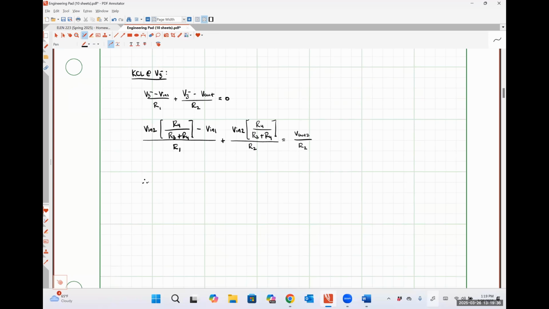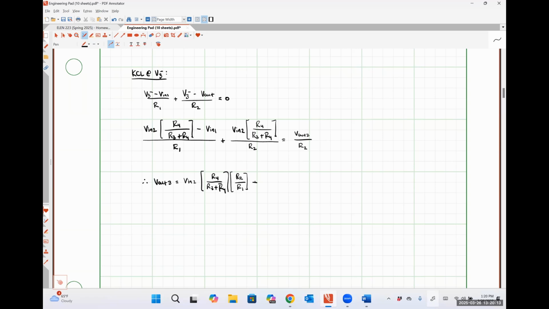So that would give me the relationship V out is equal to, so I have Vn2 times R4 over R3 plus R4. And then I have a factor of 1 over R1 that's being multiplied by R2, so I'm just going to write that as R2 over R1, like so.